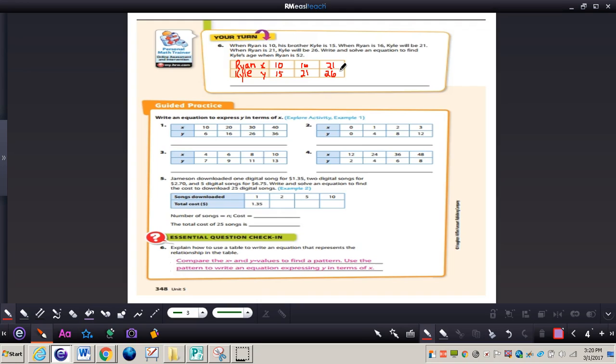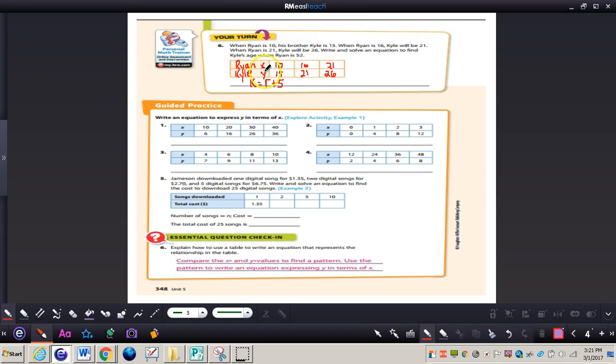Now, knowing this, we can see the equation, which is Kyle, K, equals Ryan's age plus 5. And that pattern is throughout the whole table.